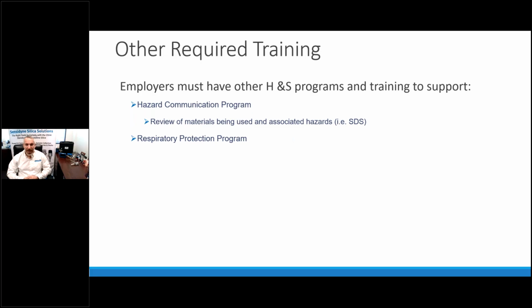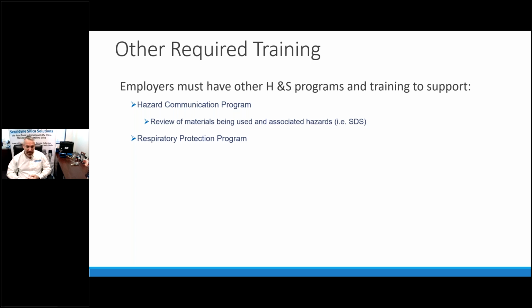Employers must have other health and safety programs and training to support the respirable silica program that they have for their facility. These would include hazard communication, so a review of the materials being used and associated hazards. A lot of times you'll find this on the SDS.